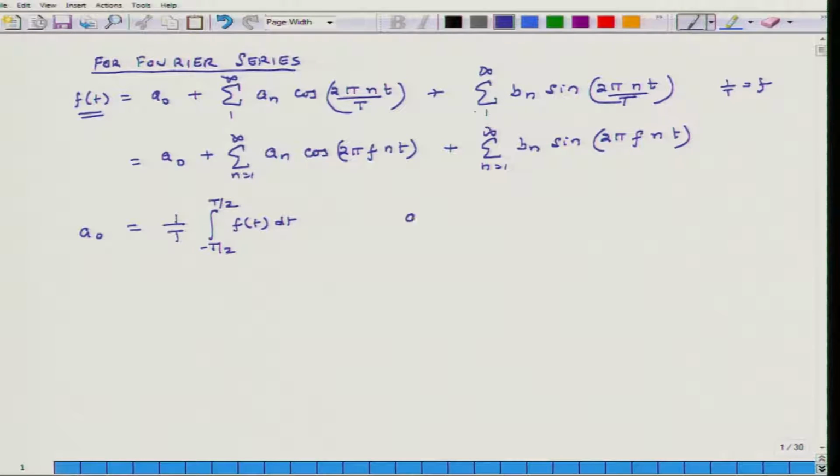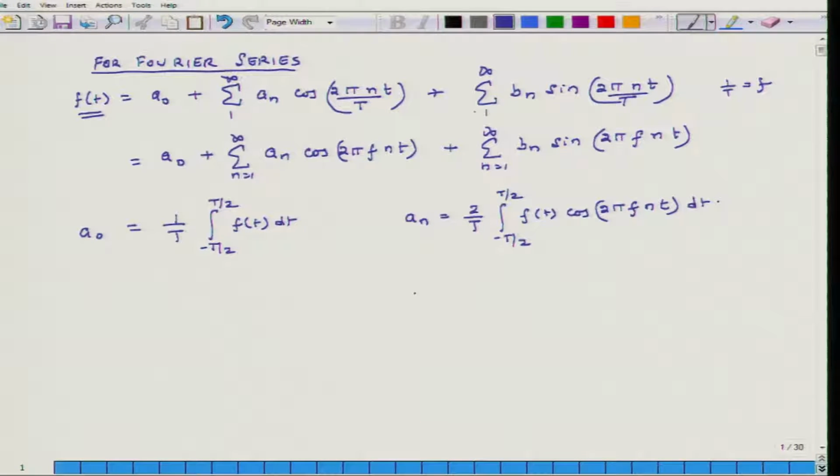And a n, the coefficients associated with cosine terms, are defined as 2 over T, integrated over the limits minus T over 2 to T over 2, with the integrand f(t) cosine 2 pi f n t dt.